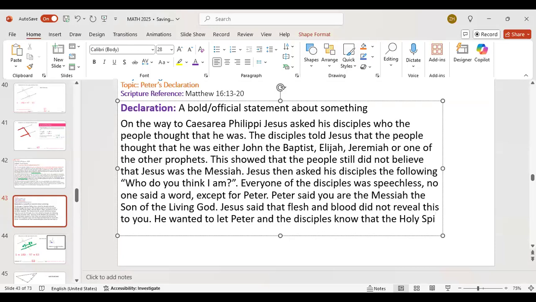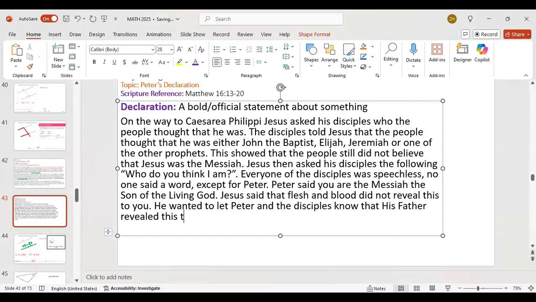The Holy Spirit revealed that to him. But his Father revealed this to Peter.